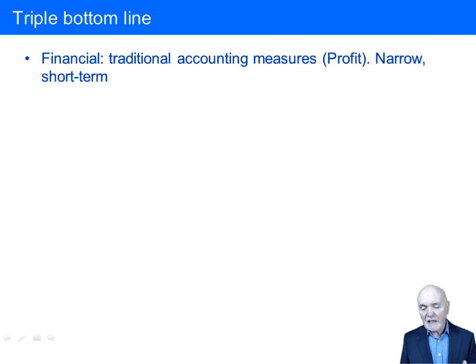Now, these are all essentially profit-based, certainly financial-based. The trouble is that they're rather narrow and rather short-term. Most financial results are only for a period of a year. Certainly those which are published are only for a period of a year. And many budgets are only looking forward to a period of a year. And that's not very long in the scheme of things.